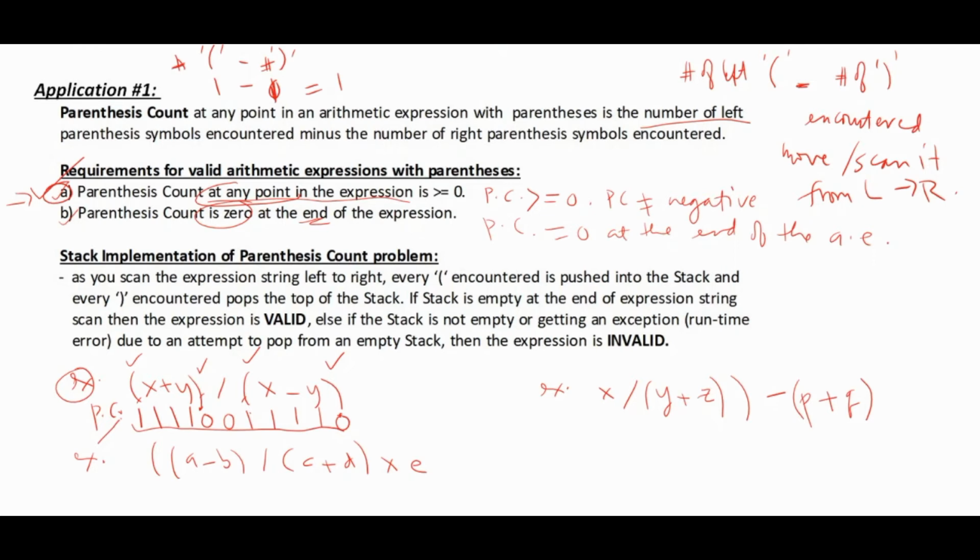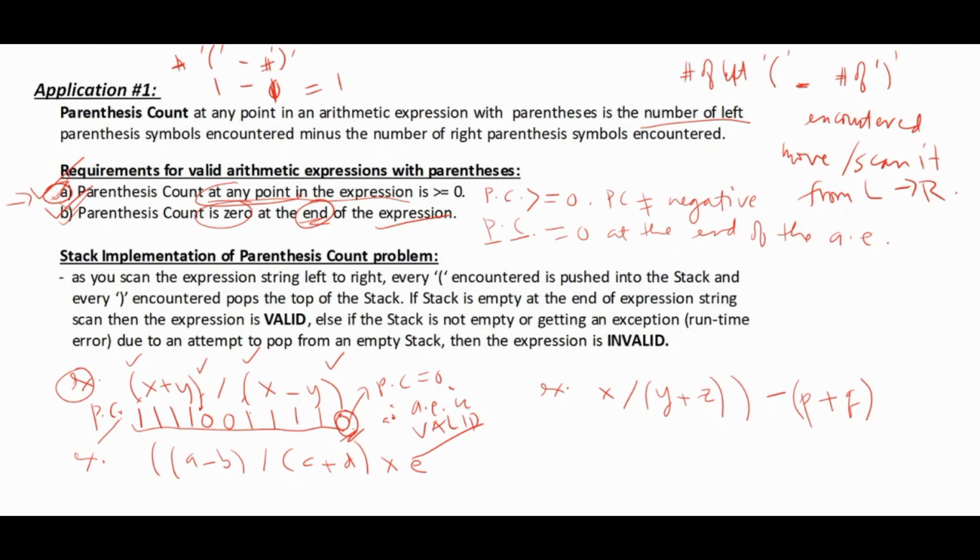Second requirement is when we reach the end of the expression, the parenthesis count at the end is 0. Notice that at the end of the expression, the parenthesis count is equal to 0. So the second requirement is also satisfied. So, since these two requirements, A and B, are satisfied, we conclude that the arithmetic expression is valid because the two requirements are satisfied.